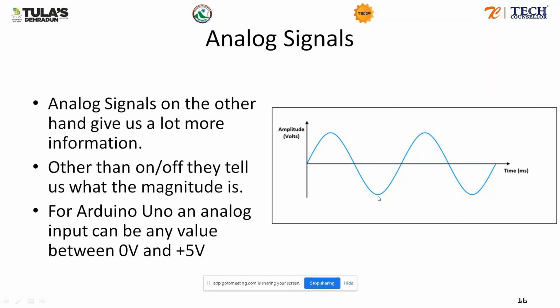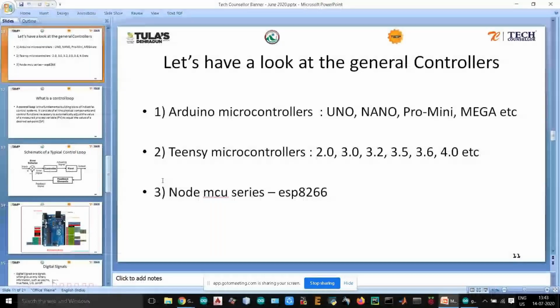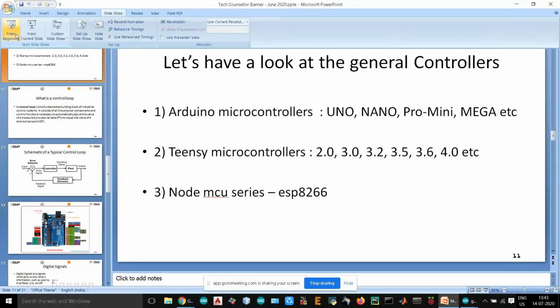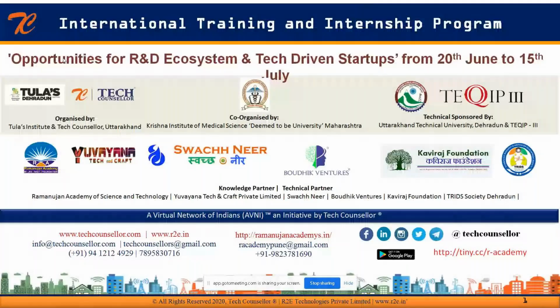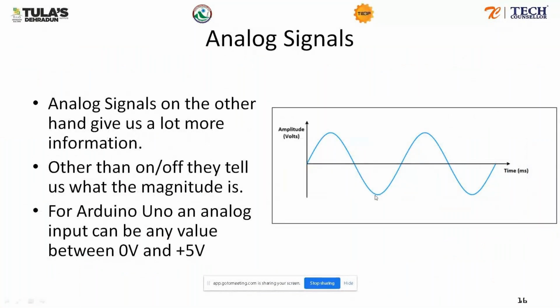So this point over here is 0 volts, this is 5 volts, and all the values between 0 and 5 are possible. It is not that it will work in a sinusoidal manner. I can say 3 volts, 3.1 volts, 3.12 volts, 3.14 volts. It depends on me how I want the signal and how the receiver will interpret the signal. So that's how it is.